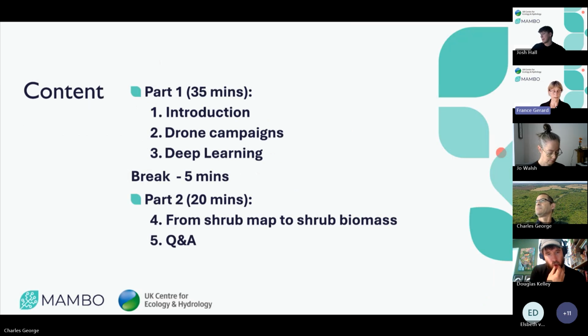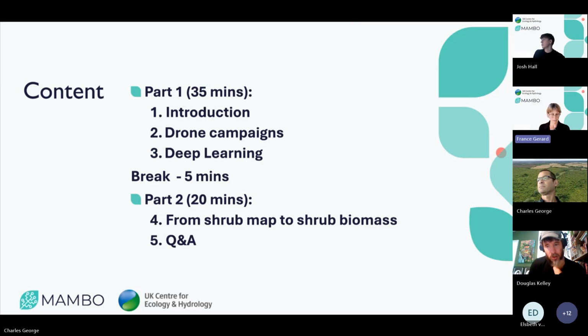We only have 1 hour, so the idea today is to cover certain topics so that hopefully in the future, when you're considering using drones and drone remote sensing, you will find it less daunting. So first, I'm going to give you some background related to the work that we've done and that we're presenting here. Then Charles will cover everything to do with drone campaigns, things to think about when you're considering using drones.